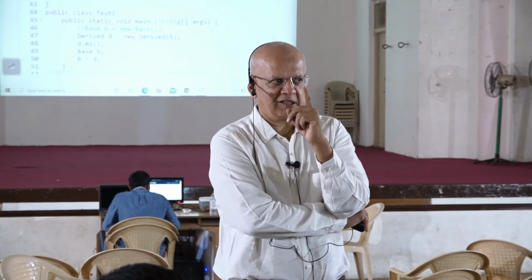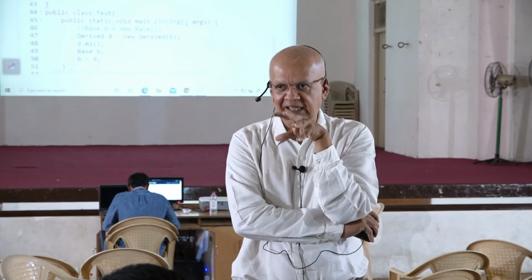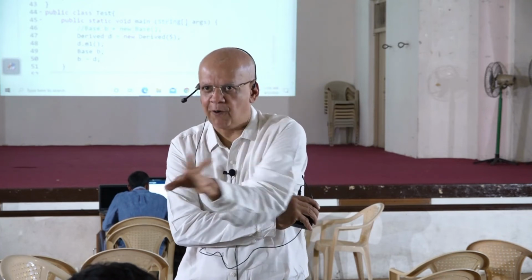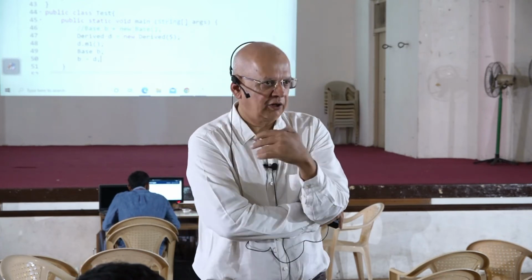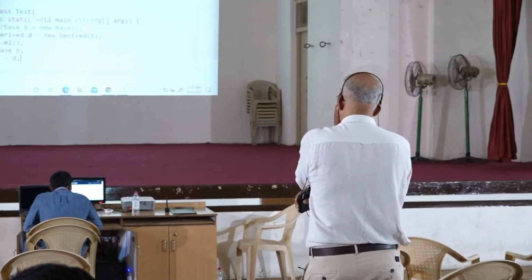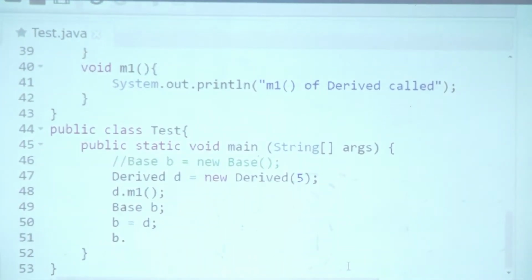Always remember, please, this comes in a lot of code. A base class reference can always point to a derived class object. Absolutely no problem. Okay? It will work. Now, I will say B dot M1.